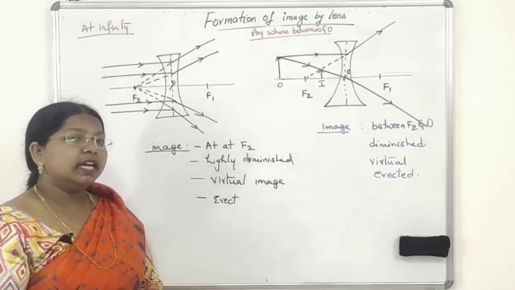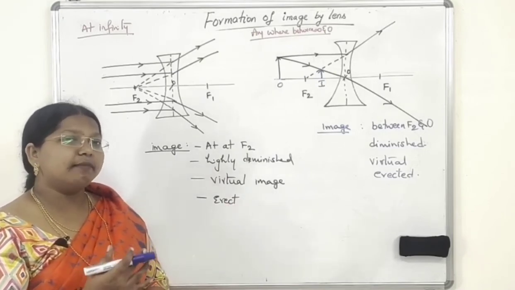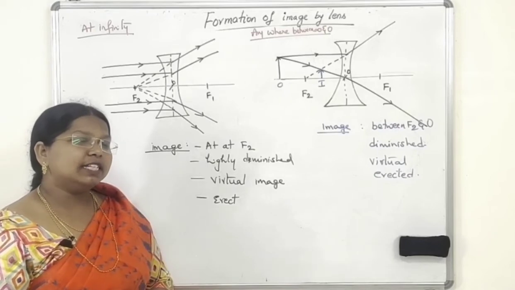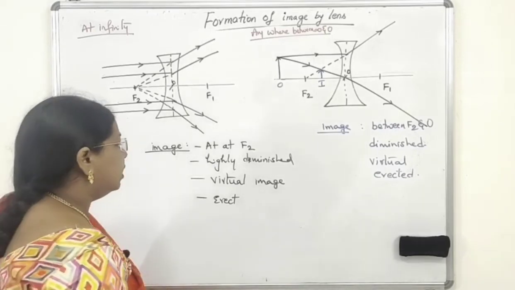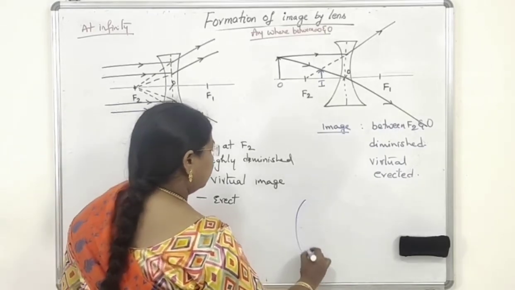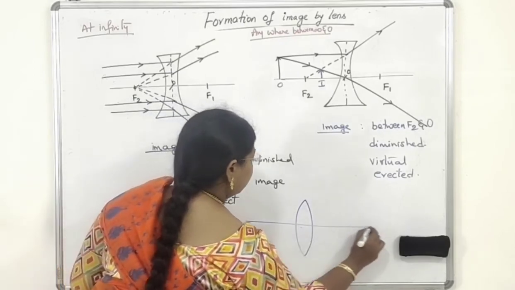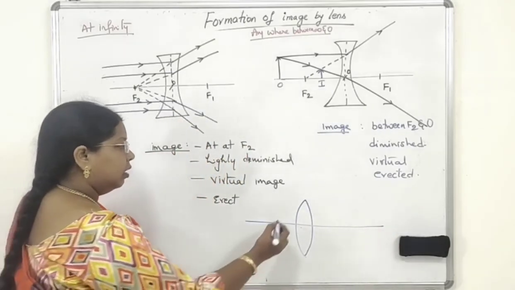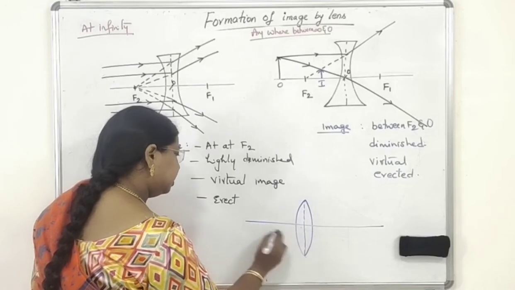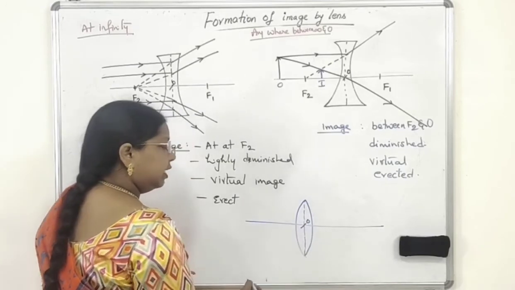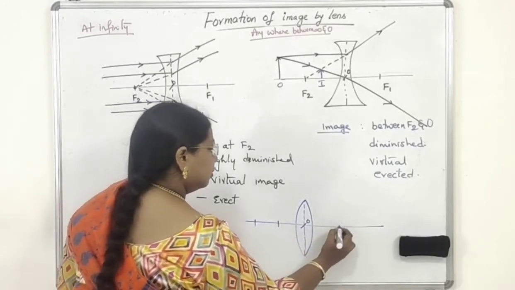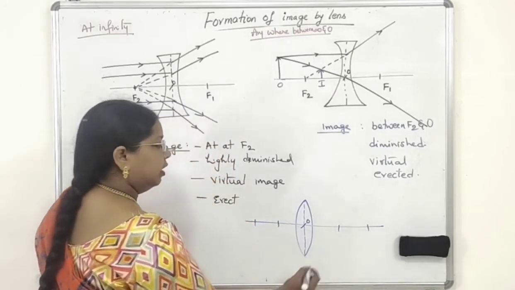One important thing, what happens if the light rays are coming obliquely to the principal axis, means they are not parallel to the principal axis. I will take one more. Last diagram. So this is your principal axis, optical center. Okay, F2.